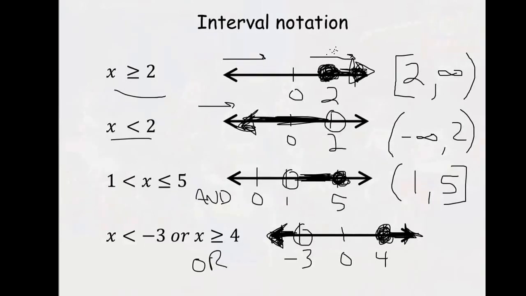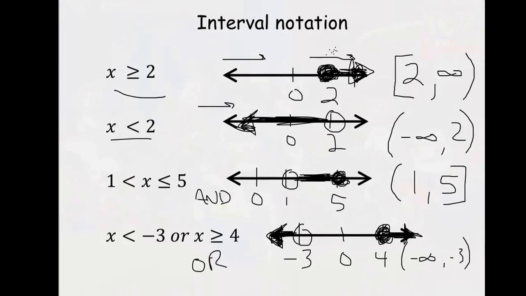And to do the intervals, again, we start all the way from the left. We see shading and an arrow, so that means we are using negative infinity for our first interval. This is an open circle, so at negative 3, we have parentheses.